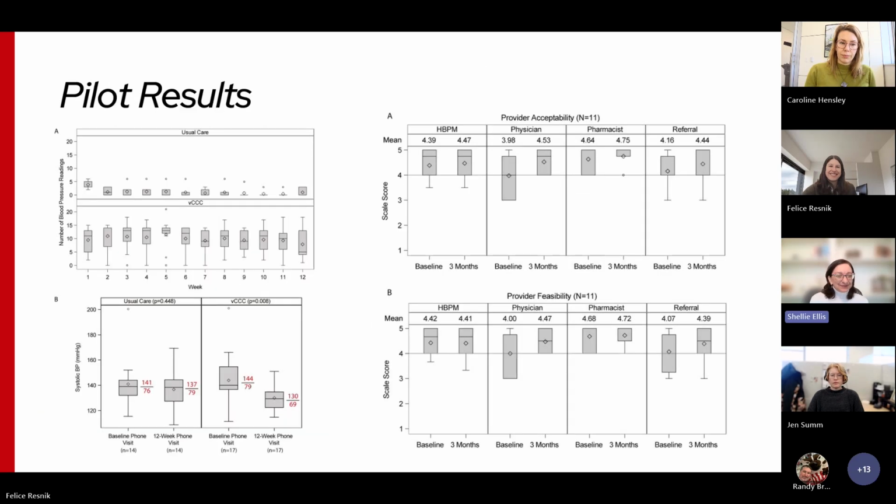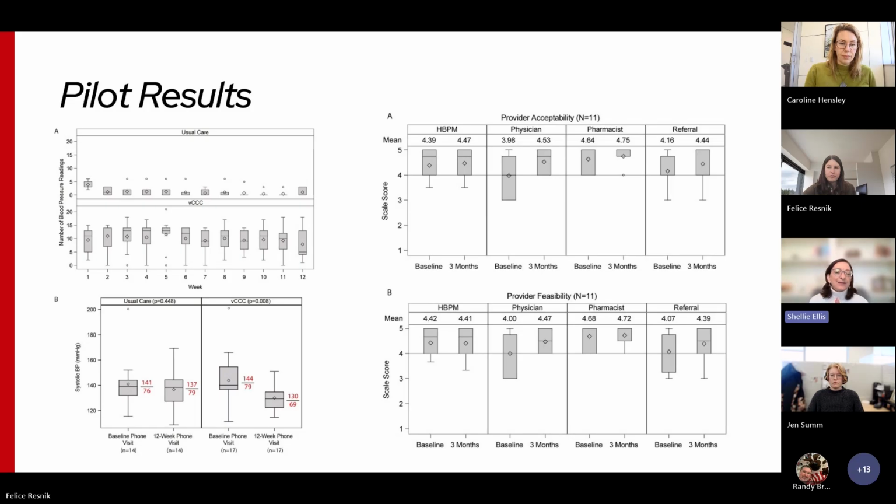Next slide, please. So I can give you some pilot results of this study. We have just finished up the study, at least with recruitment, and are still continuing to collect outcomes of the VCCC patients and the control group.